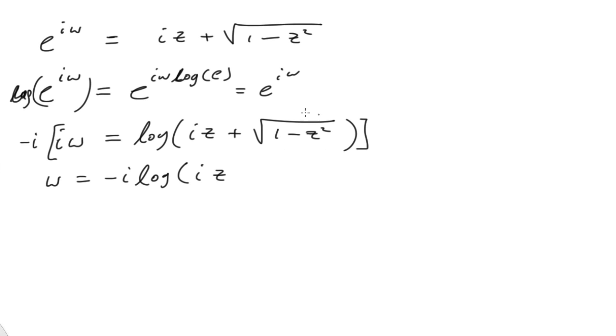Remember, this is also a multi-valued function. This gives us both plus or minus. Sorry, that's not multi-valued log, that's multi-valued square root. And also that is multi-valued log as well. So that gives us a way of writing this.